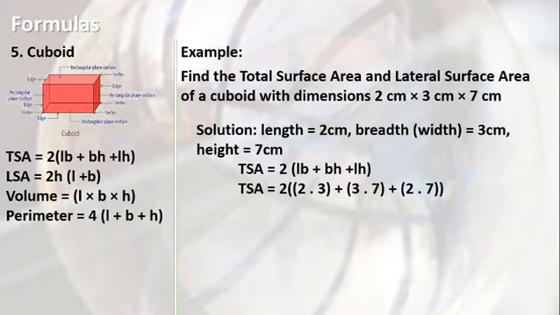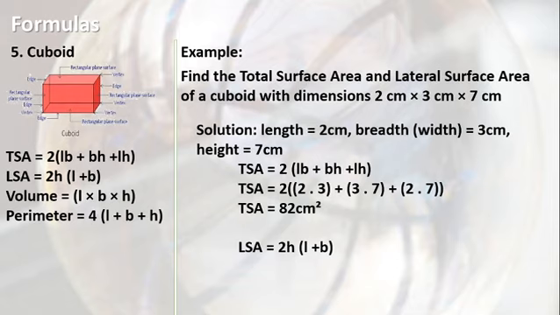Length times breadth, that will be 2 times 3, breadth times height 3 times 7, length times height 2 times 7, and then we multiply the sum of that by 2 to give us the value of the total surface area. And having done that, the final answer is 82 centimeters squared. And then next we want to find the LSA, the lateral surface area, which is 2h into bracket L plus B.